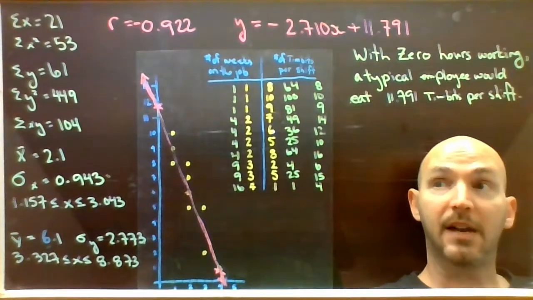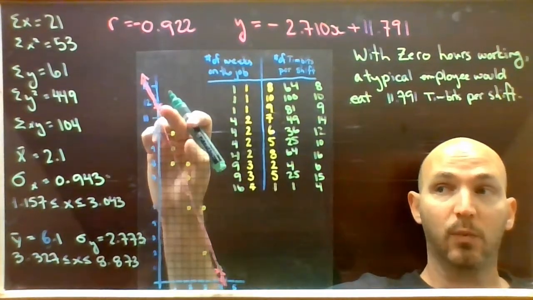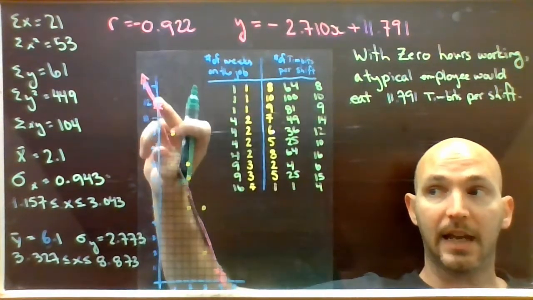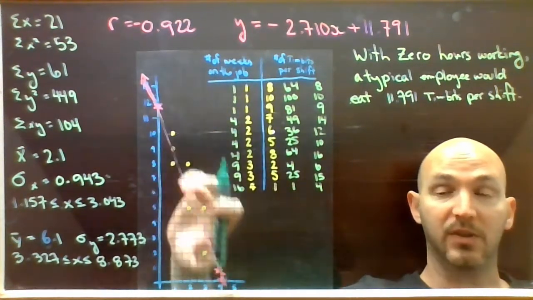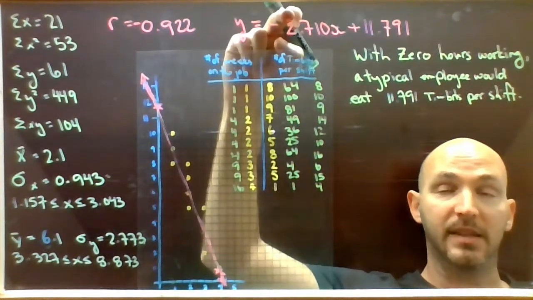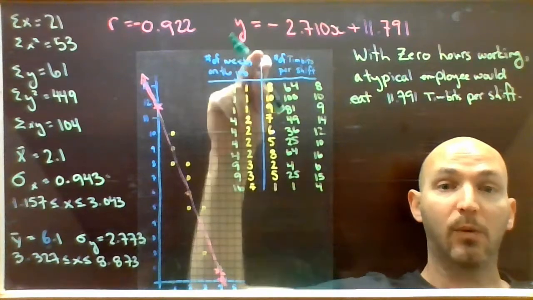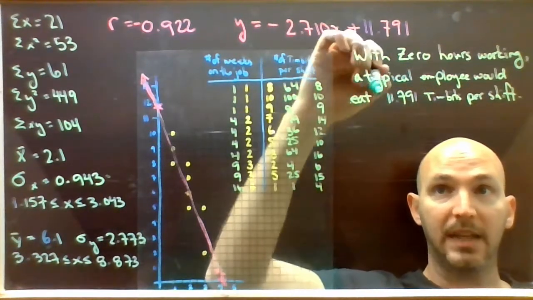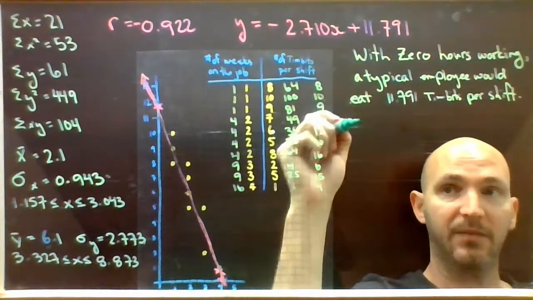So what happens after that? Well, once they started working, you can see by the trend in our model that the number of timbits they eat per shift starts to decrease. And it starts to decrease at 2.710 timbits per hour worked. So with 0 hours working, a typical employee would eat 11.791 timbits per shift.